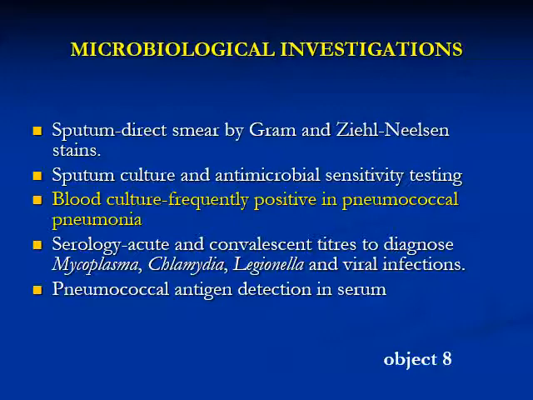So first we send the sputum for the Gram stain. Second, the sputum culture, because sometimes the microorganism is not detected by the Gram stain. We send it for culture and sensitivity also.